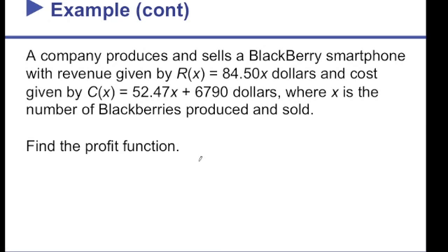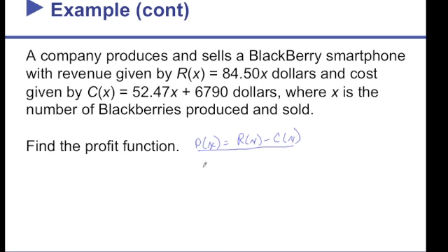Working with the same thing, we need to find the profit function. Well, let's think. Profit is going to equal, well, what's the amount of profit? Here's the money I take in, and here's the money I spend for each BlackBerry. So the profit is the revenue minus the cost. And that is something I expect you to know, be able to figure out.